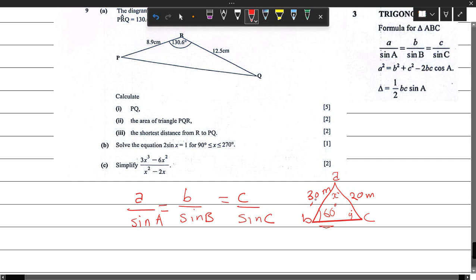Sine rule. But if you have been given a triangle where there is an angle here and a distance here and a distance here, you know that you are supposed to use a cosine rule, which is this one here.